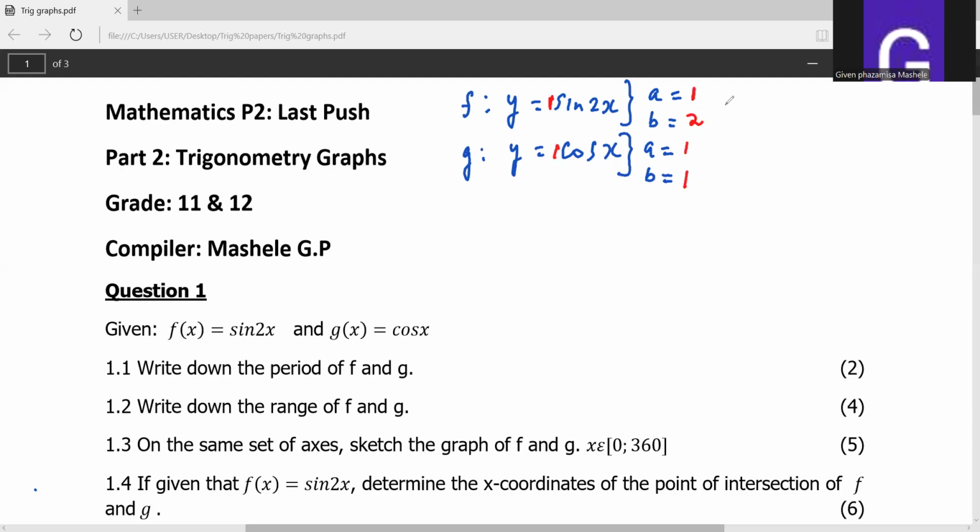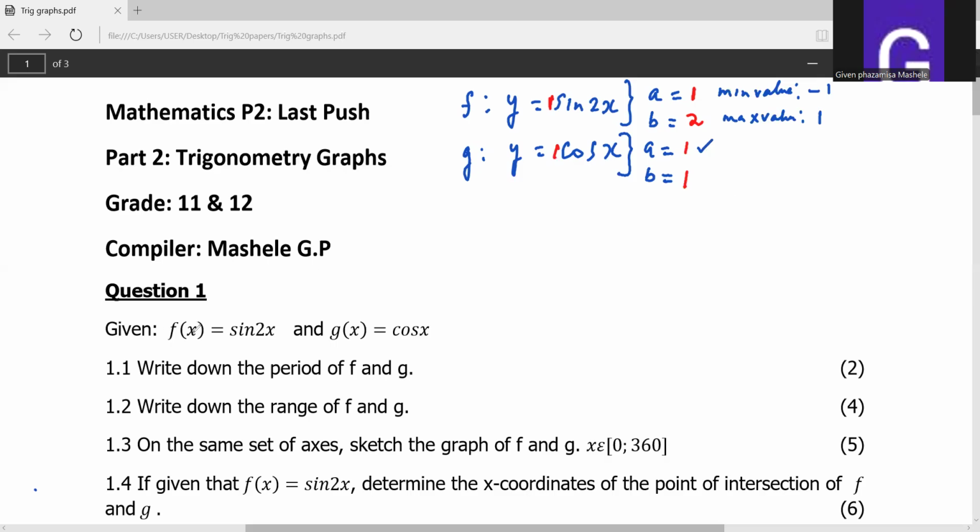So within the function f, we can know the minimum value and the maximum value of this graph, where the graph is going to turn. Since we know the amplitude, the minimum is -1 and the maximum is 1. This is what determines the range. The same applies to g, which also has an amplitude of 1, so it has the same minimum and maximum.